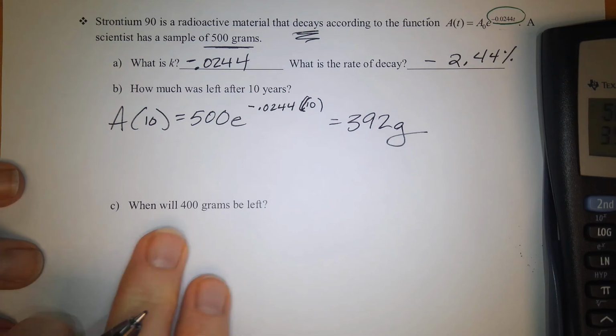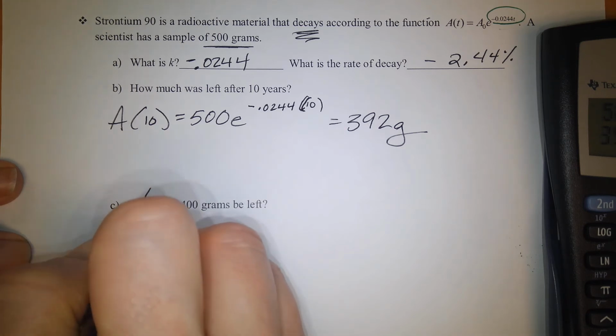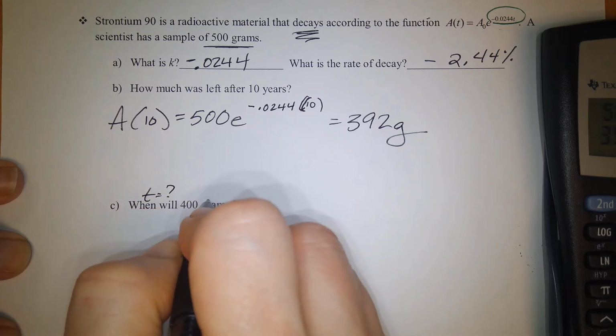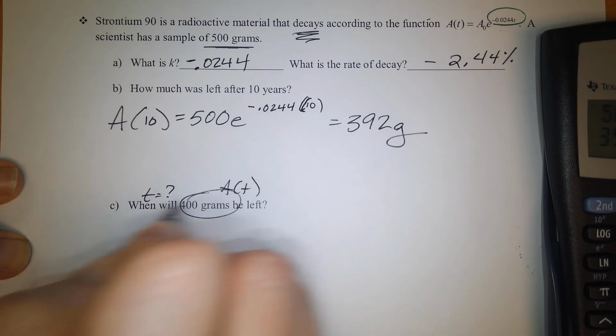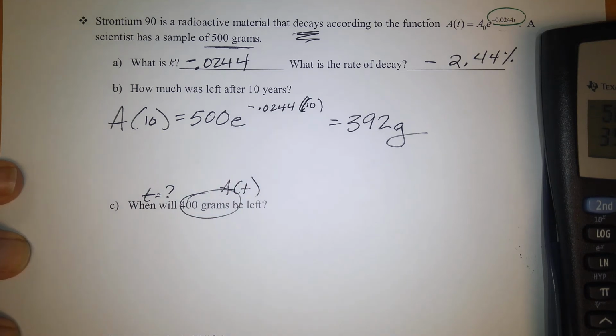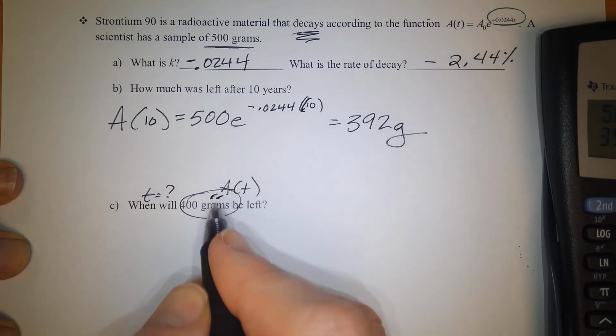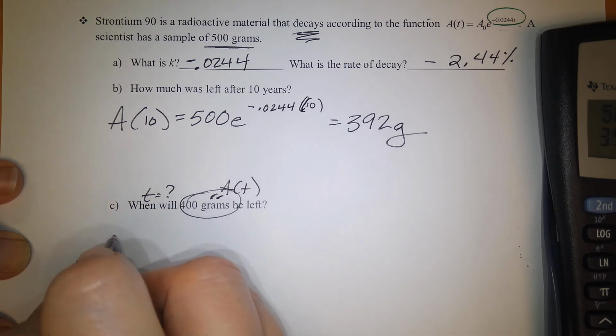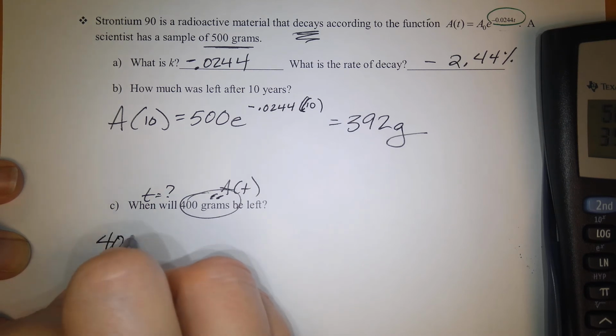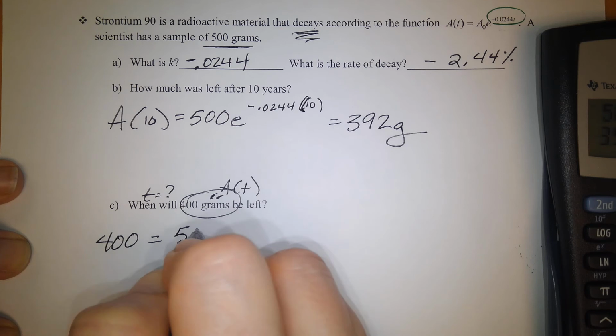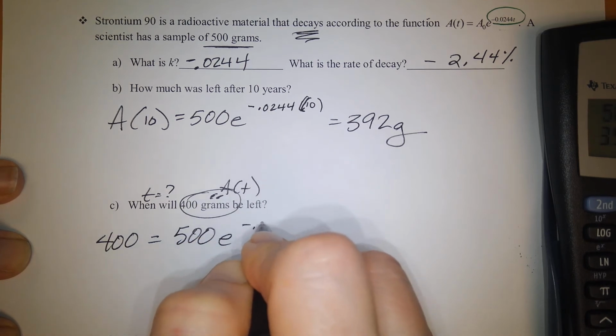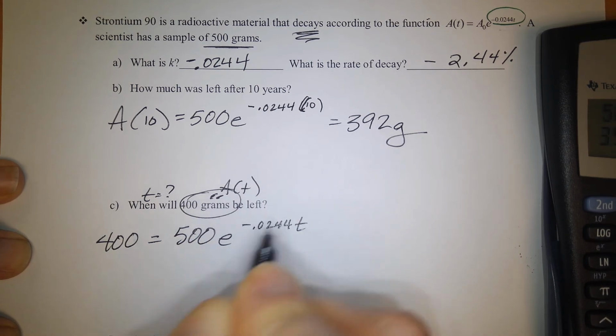So when will 400 grams be left? So find t when we know that the future amount is 400. So this time we have the future amount. Let's find t. So if the future amount is 400 grams, and we know we started with 500 grams, let's find t.